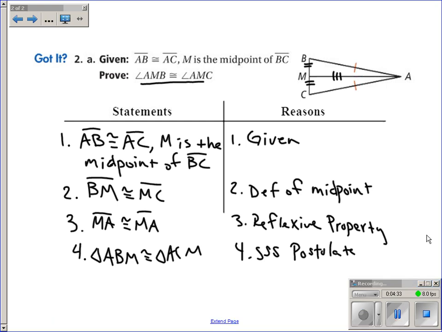And so now that I know that these two triangles are congruent, I can say that angle AMB is congruent to angle AMC, and the reason is CPCTC. And that's the end of the Got It questions for section 4-4.